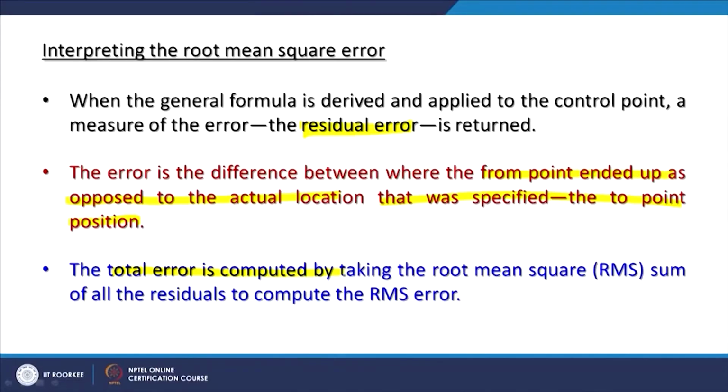The total error is computed by taking the root mean square, RMS, of the sum of all the residuals, and that becomes our total error, which we have to manage. Managing means that if we can achieve a root mean square value within the spatial resolution of the satellite image, that is the best possible georeferencing one can achieve, because beyond that you cannot have accuracy.